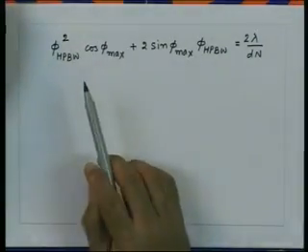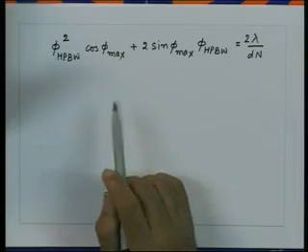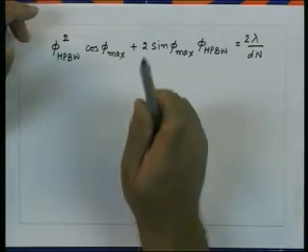Now, we can take 2 extreme cases, that is when the beam is in the broadside direction and the beam is in the end fire direction. That means, when the phi max is 0, that is the end fire direction, or when the phi max is pi by 2, that is the broadside direction.